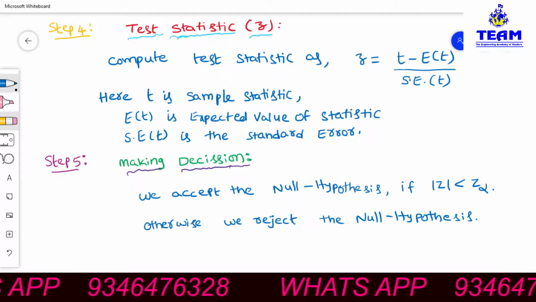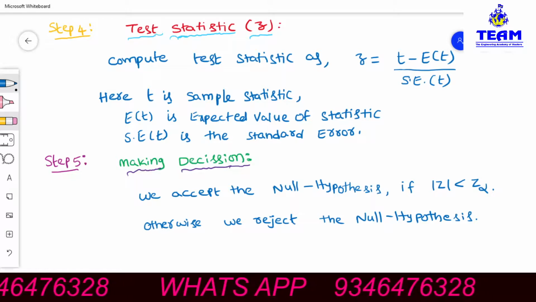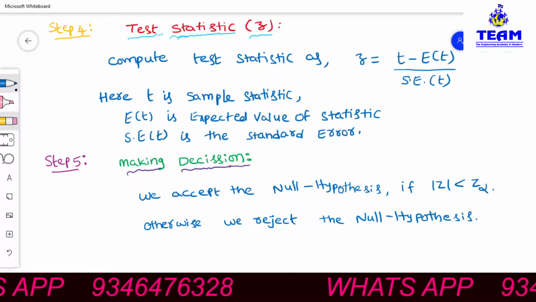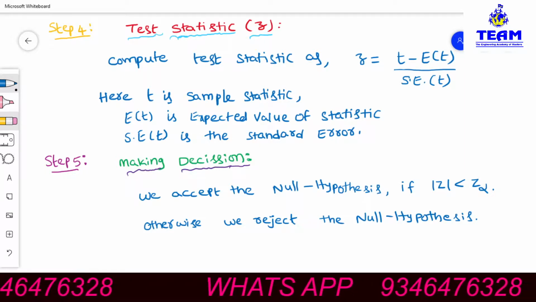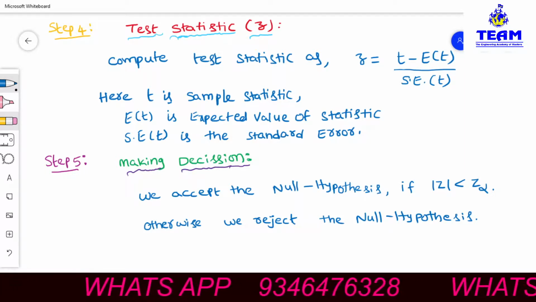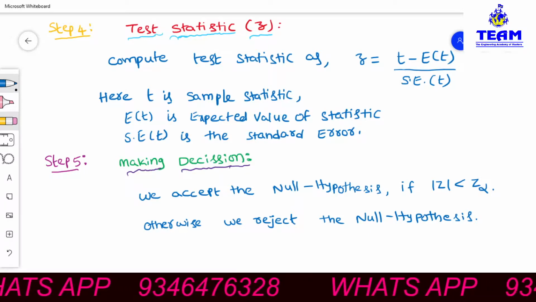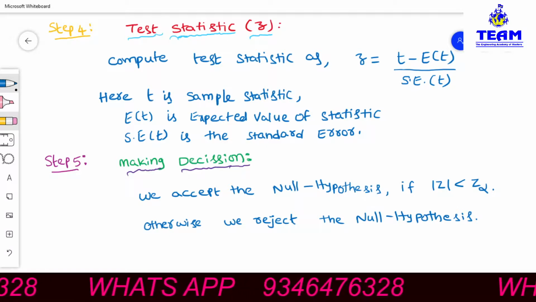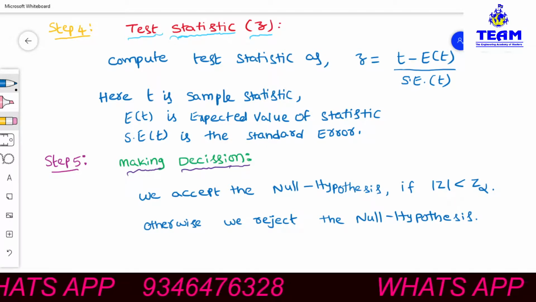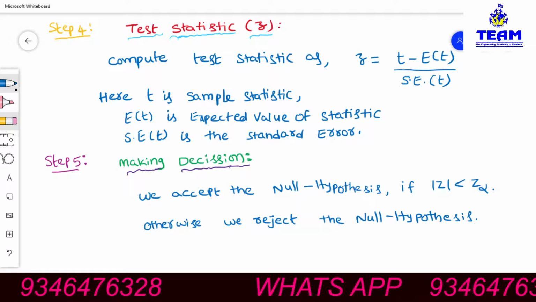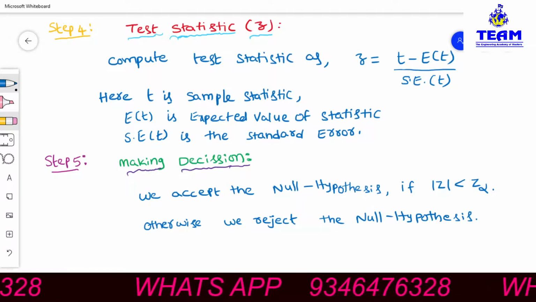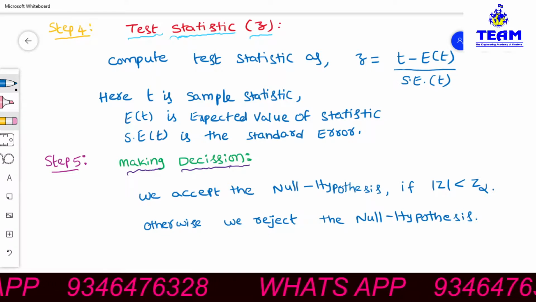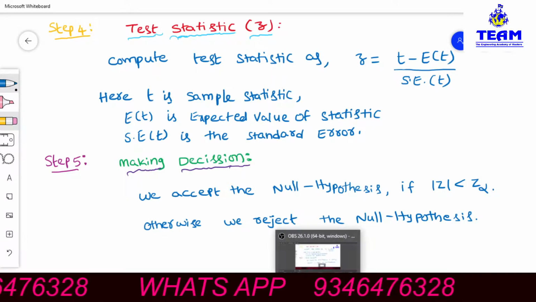Of course, these critical values are as given in the table, whereas Z can be calculated in the above step 4. Finally, whenever mod Z is less than Z alpha, then only we accept the null hypothesis. Otherwise, we reject the null hypothesis. So, this is the conclusion of our testing of the null hypothesis.